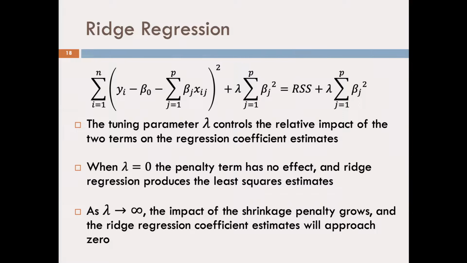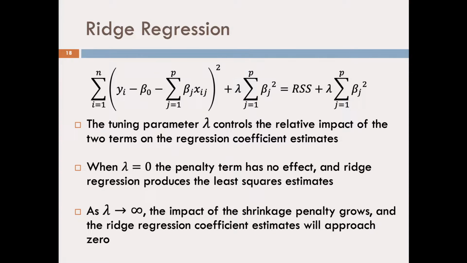However, as this term increases and tends to infinity, the impact of the penalization grows, and the coefficients will approach 0. It's easy to understand because we are adding a term that's actually increasing our error, right?